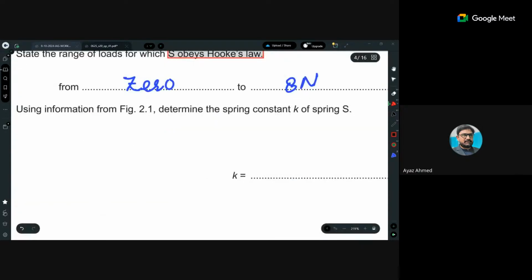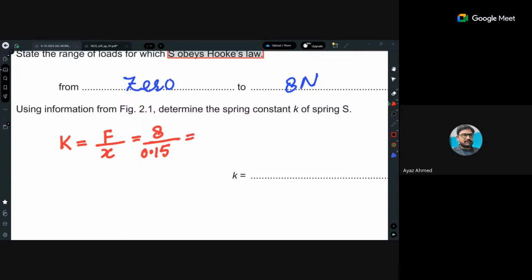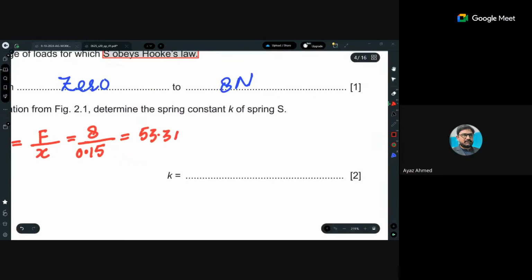So k equals force divided by extension: for 8 Newton, it is 15 centimeter, so you can simply write 0.15. Your answer will be 8 by 0.15, so it is 53.3, right? And you will write the unit also because he has not mentioned the unit. Its unit is Newton per meter. Your final answer should not exceed two significant figures. It is 53 Newton per meter, or N m^-1. Okay? Did you get it?